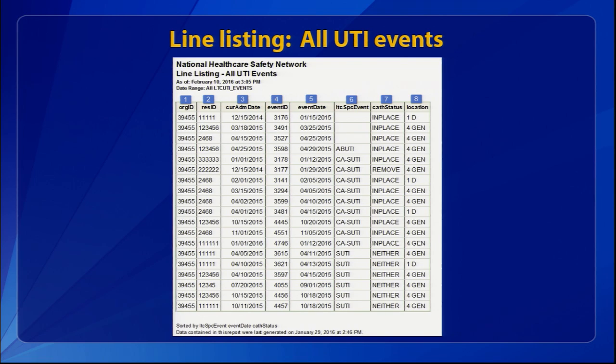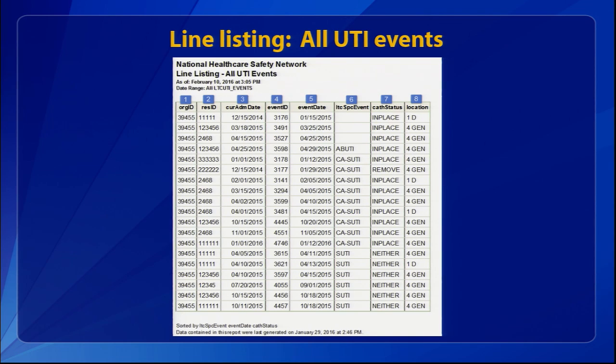Column 6 tells us the type of UTI event that you are looking at, either a BUDI, CA-SUTI, or SUTI that has been entered into NHSN by this particular facility. Column 7 shows the catheter status, whether it's in place or neither. And column 8 is the location.